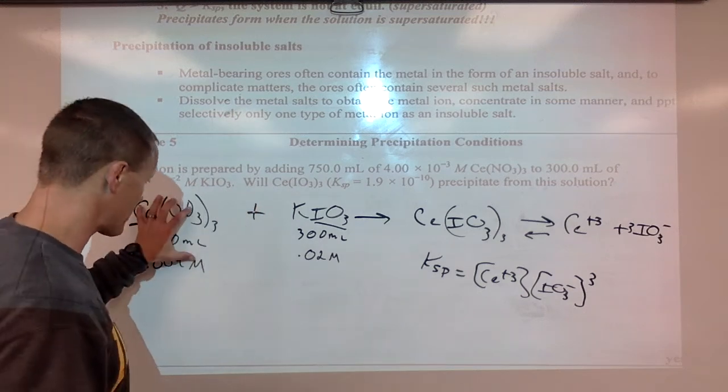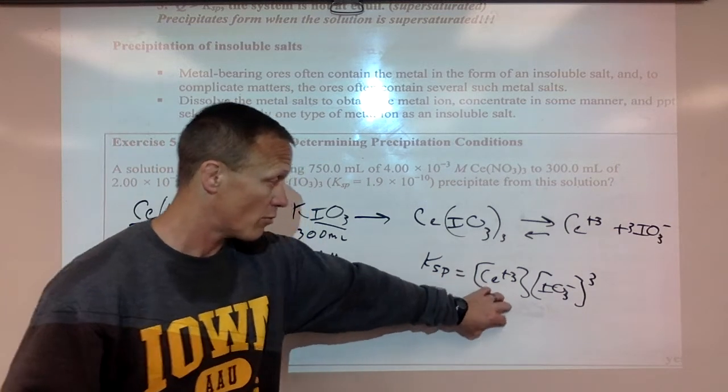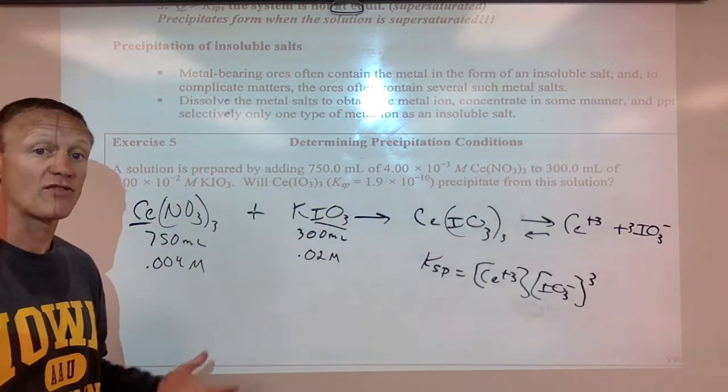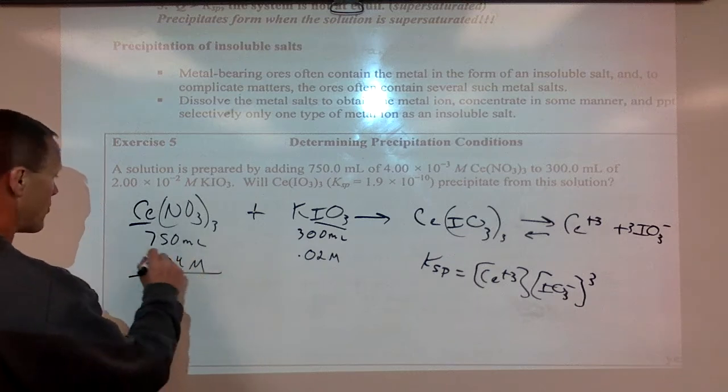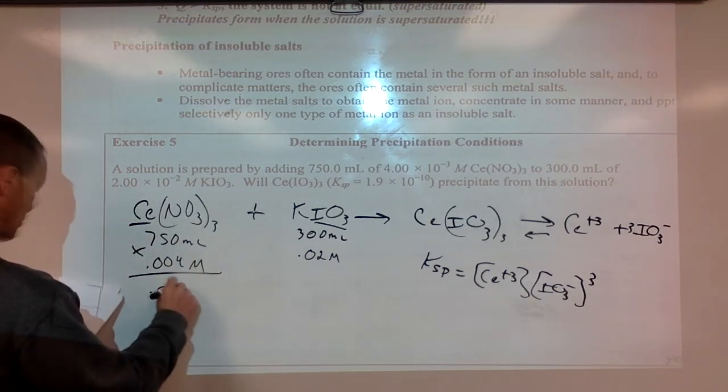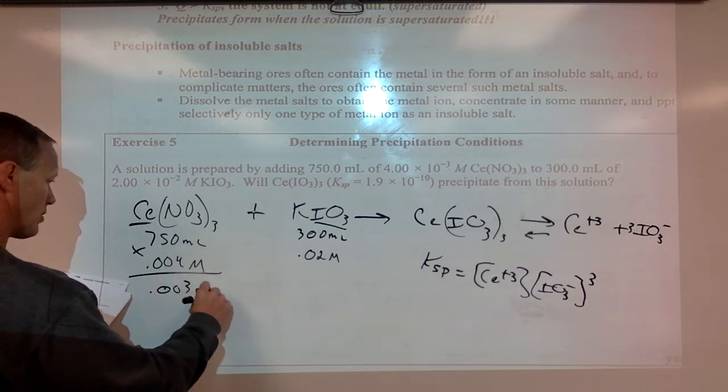Okay, the cerium ions are coming from this solution, so that's going to be a certain number of moles. These are coming from this one, so that's going to be a certain number of moles. They are mixed together, so we have to get the total volume of the solution. If we multiply this times this, our moles would be 0.003 moles.